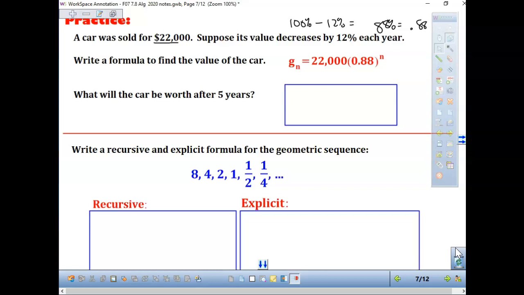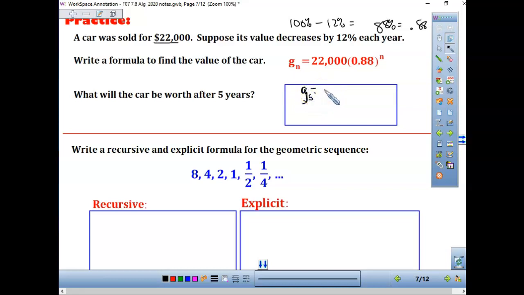Instead of G to the n, we're going to write G to the 5. So G to the 5 is going to be equal to, the reason they use G is because it's geometric. The reason we use A is for arithmetic. 0.88 to the 5. So take your calculator.